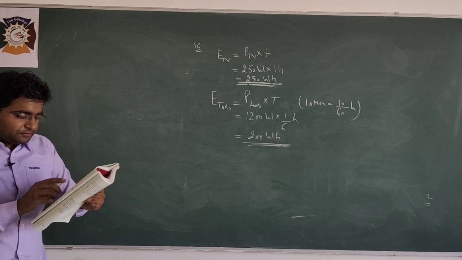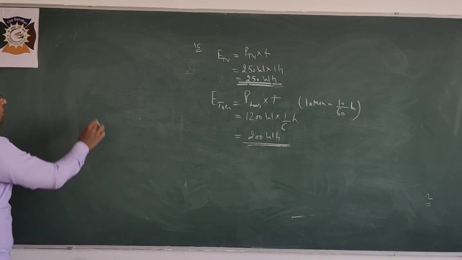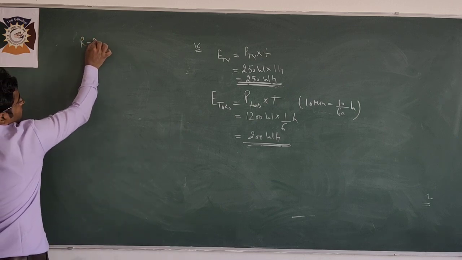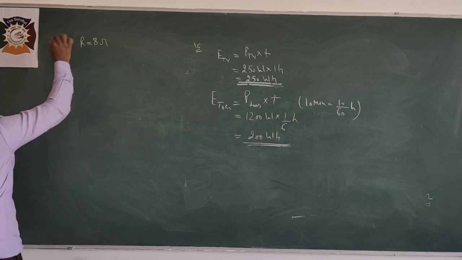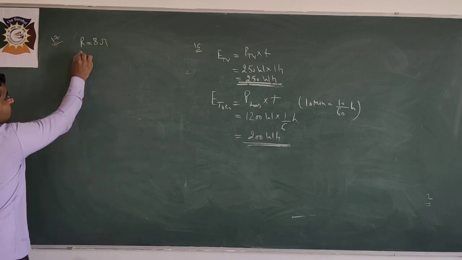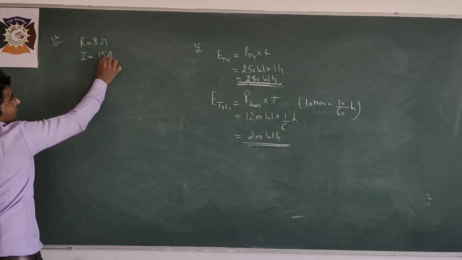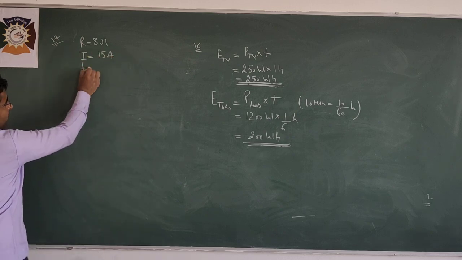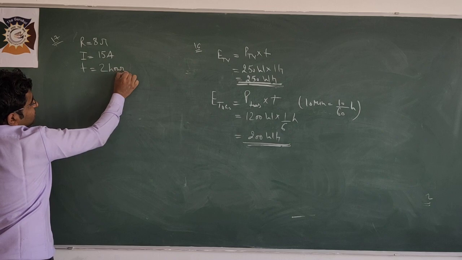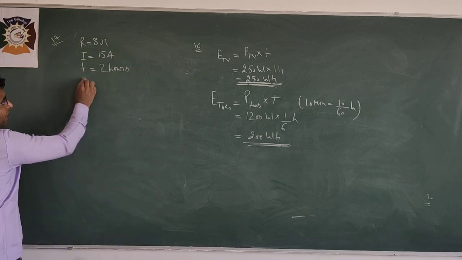In this question, resistance is 8 ohm. Clear? Current is 15 ampere. Time 2 hours. Power you have to calculate.